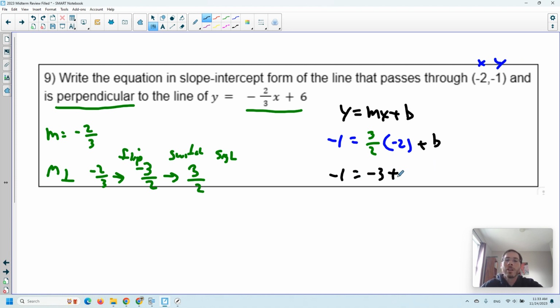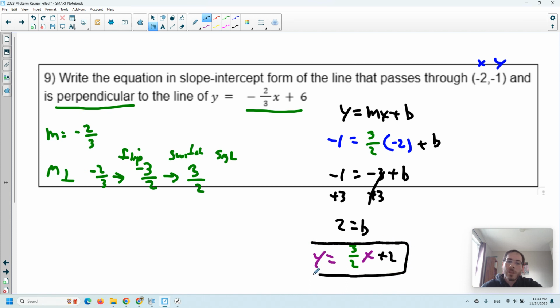So we don't have a fraction like we did with the last one. Subtract 3 both sides. So we get -4 equals b, which means final answer, y equals 3 halves x plus b. Now for this one, since 3 halves is a nice decimal, you could just make that 1.5 if you wanted to work with 1.5. But that's what we got for number 9.